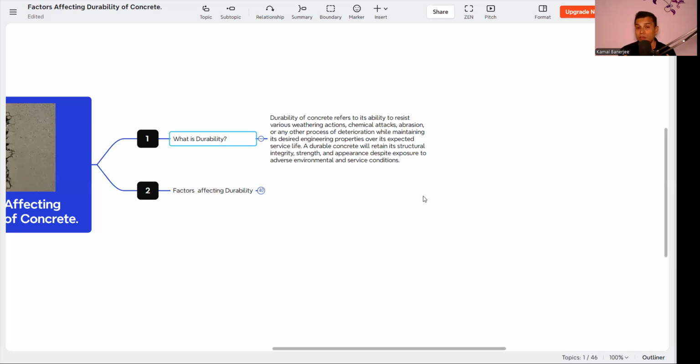Like we human beings, we are protecting ourselves from the environment and making our life healthier. That is also to be maintained in the concrete, that is the concrete durability, to maintain its lifespan against the various environmental factors. So a durable concrete will retain its structural integrity, strength, and appearance despite exposure to adverse environmental and severe conditions.